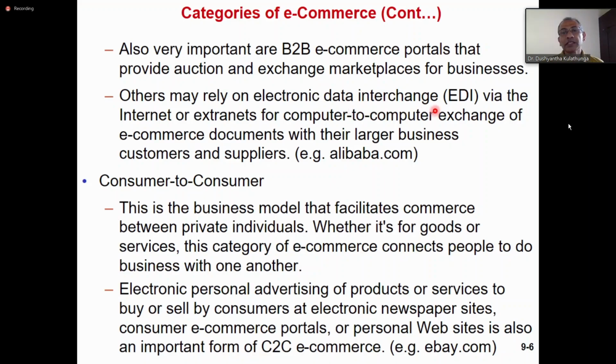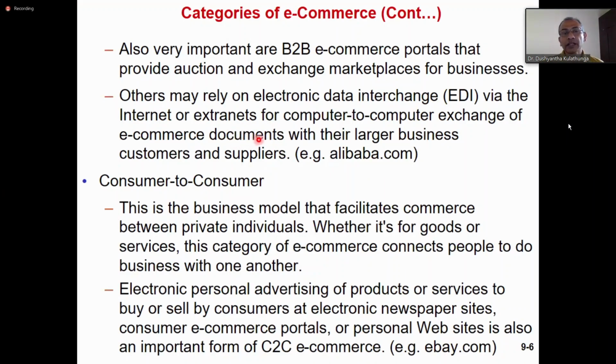Because when one organization communicates documents to another organization through electronic data interchange, the computers of one organization are connected with the computers of the other organization through networks, and these computers are involved in exchanging or sharing documents between the organizations.